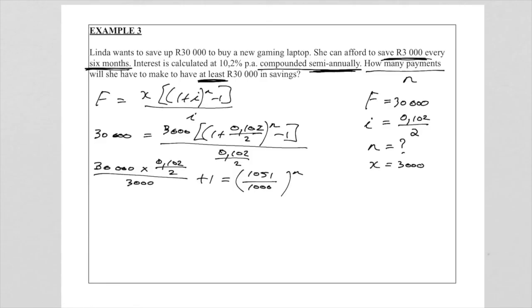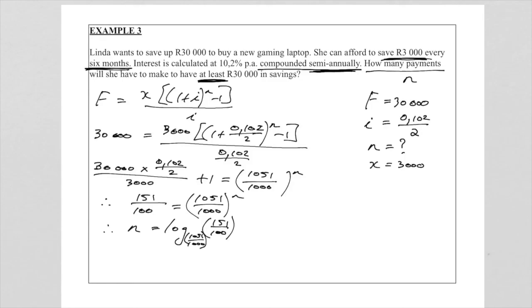Remember, we're going to use logs like we did in the first lesson. So now just to simplify this whole thing on your calculator, and your answer for this is 151 over 100 is equal to 1051 over 1000 to the N. And now with our log definition, we can find N, and N is equal to the log of 151 over 100, and my base is 1051 over 1000.